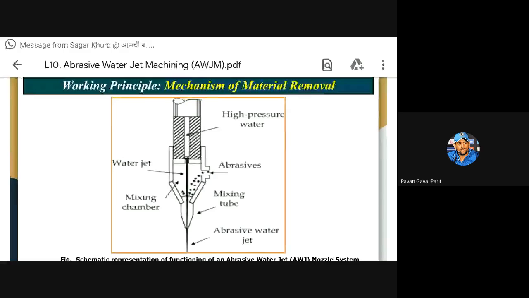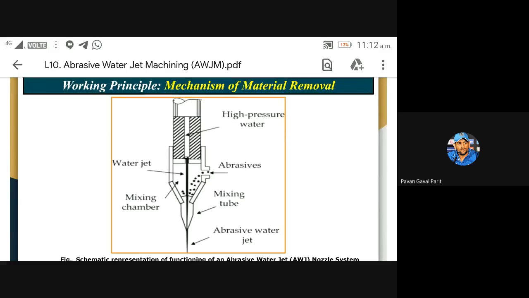These abrasive particles may be alumina, Al2O3, or silicon carbide, SiC, or some other abrasive particles that we can use for this process.